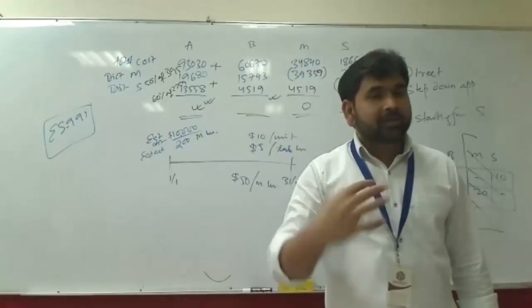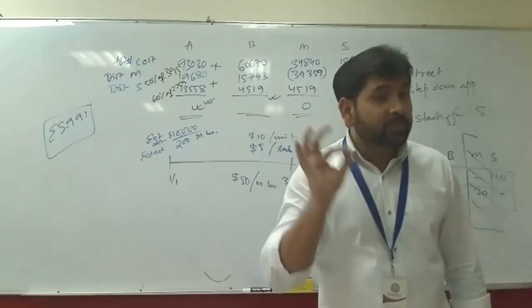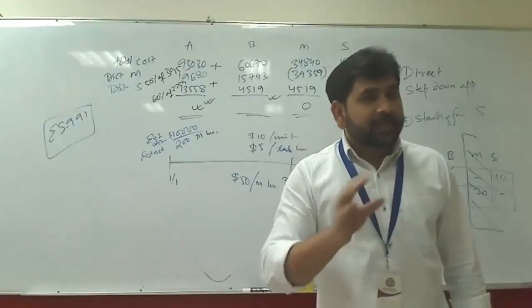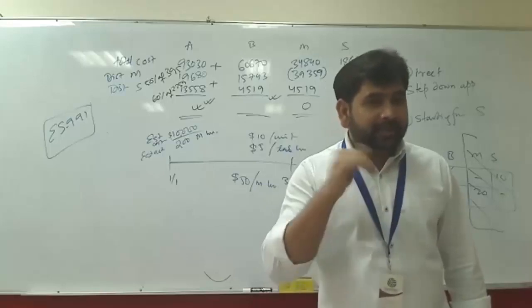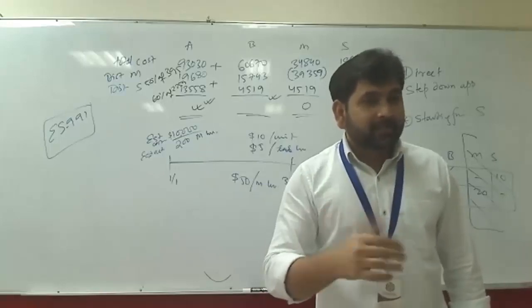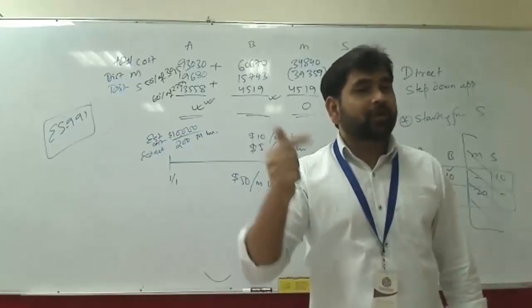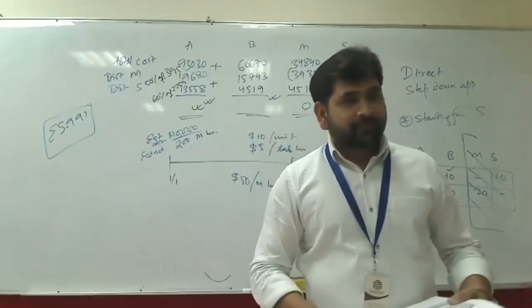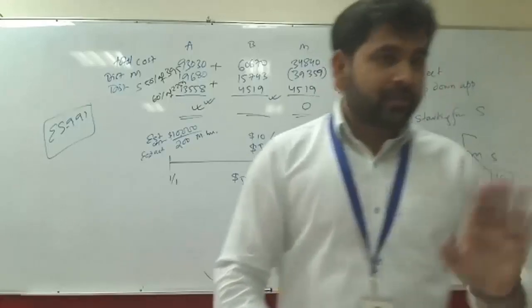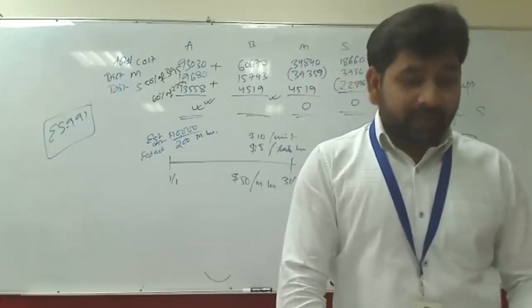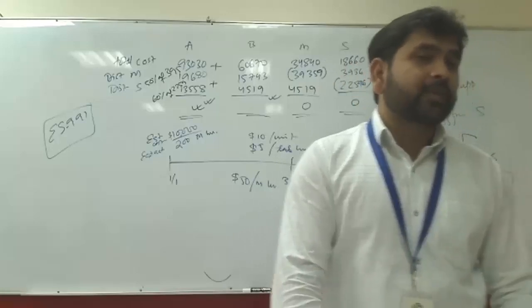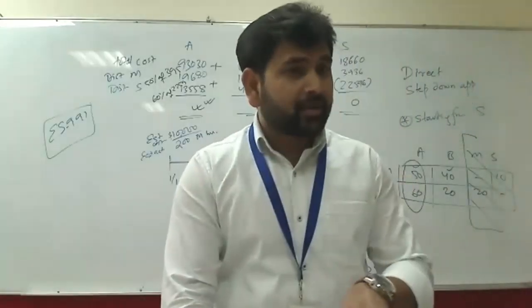That will give you the budgeted amount of money that you should have collected. But in reality, you will not be able to collect that also. That is why at the end we have over or under absorbed overhead. What you have to remember is, from this they can make an MCQ question. It's very easy to make an MCQ question out of this.